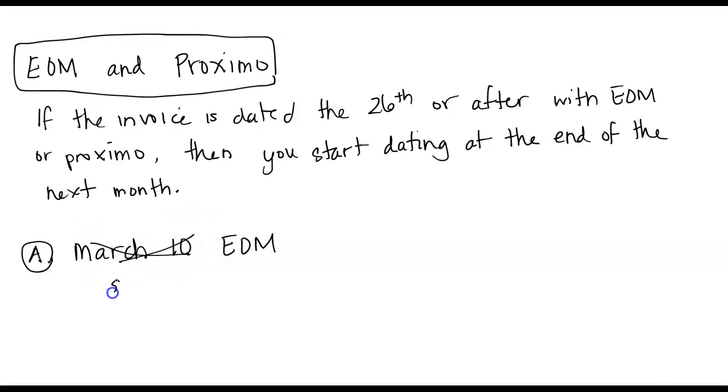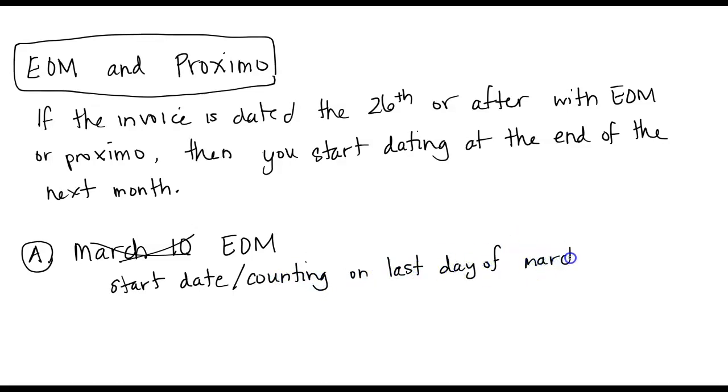We would start dating at the end of March, start our date counting on the last day of March, and I find out that the end of March is March 31st. So that would be the first day that we start counting.